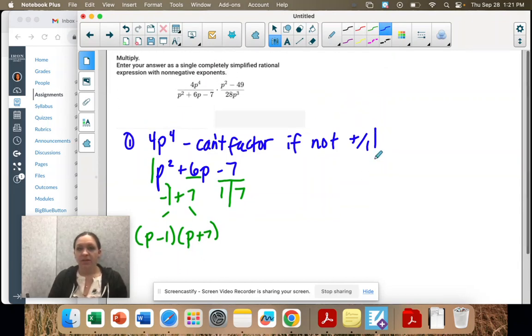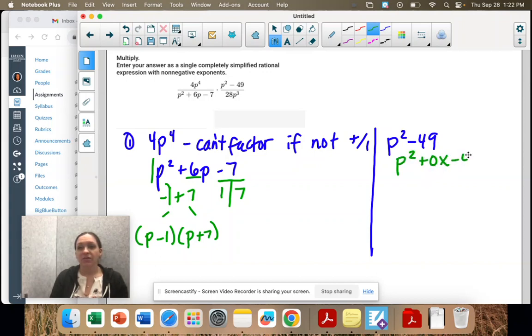All right, and I'm going to do the other one over here. So I have p squared minus 49, and then 28p cubed can't be factored. There's no plus or minus. So again, you really need to start recognizing these. This is p squared plus 0x minus 49. 49 is a perfect square, and there's no middle term.